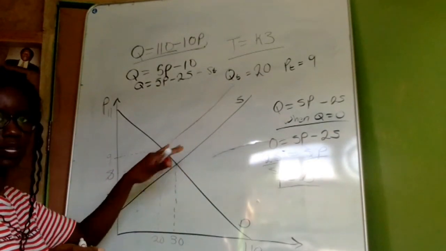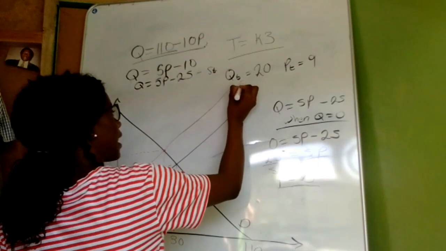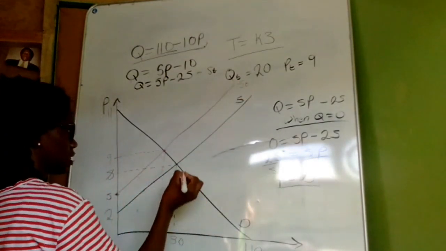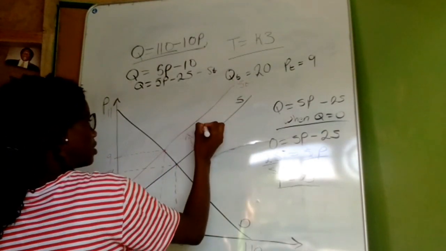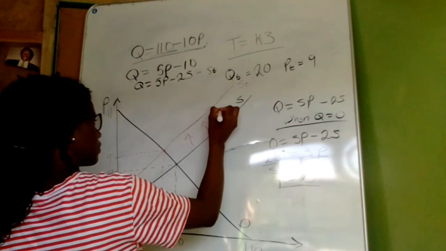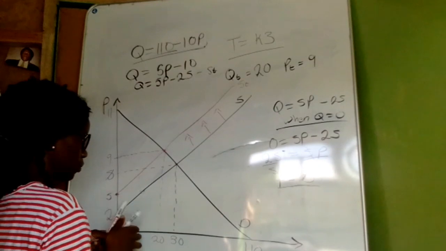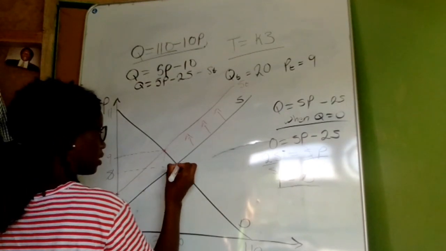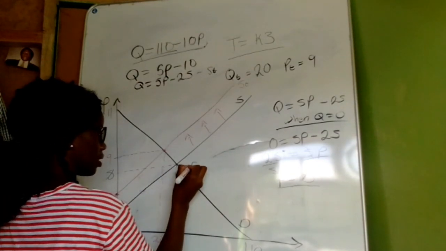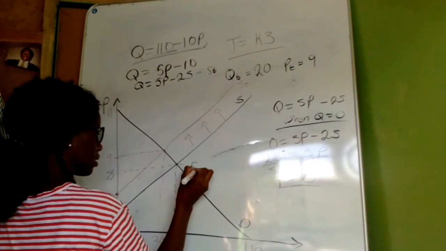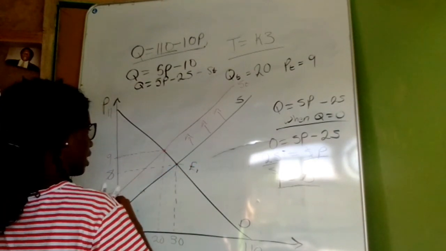And we have the new curve there. So this is the supply after tax equation. So you can show the arrows to show that it's moved. This is your new equilibrium. So we can call this equilibrium 1, and we have equilibrium 2.